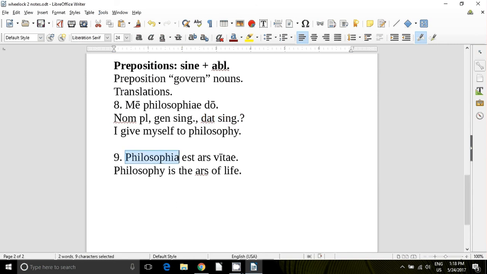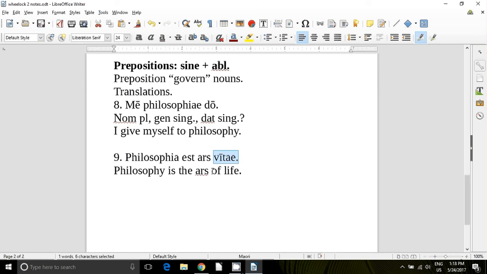Okay, philosophia is nominative, so philosophy is the subject. Philosophy is the art, ars. Vitae, translate the genitive singular with of. Philosophy is the art of life. Now it could be dative singular, right? But does that translate well? Philosophy is the art for life. Well, maybe.